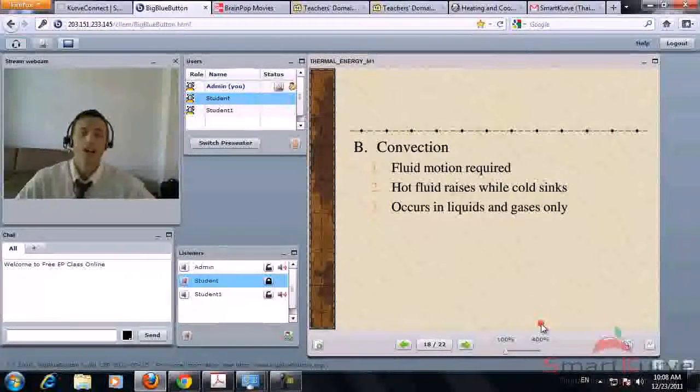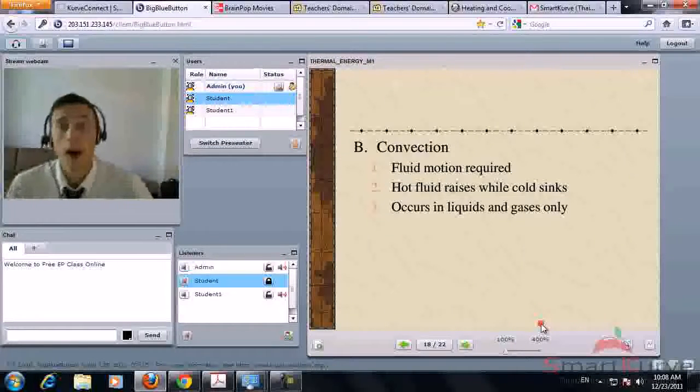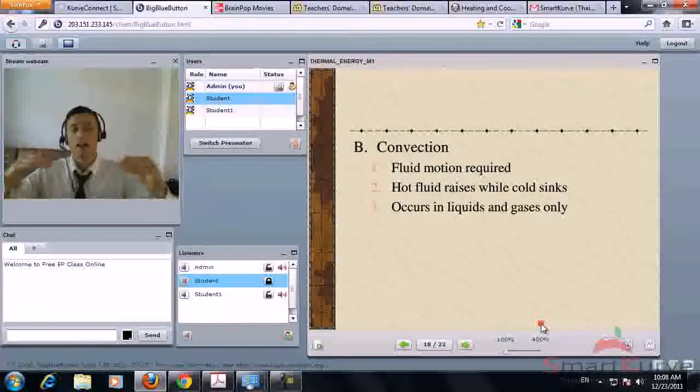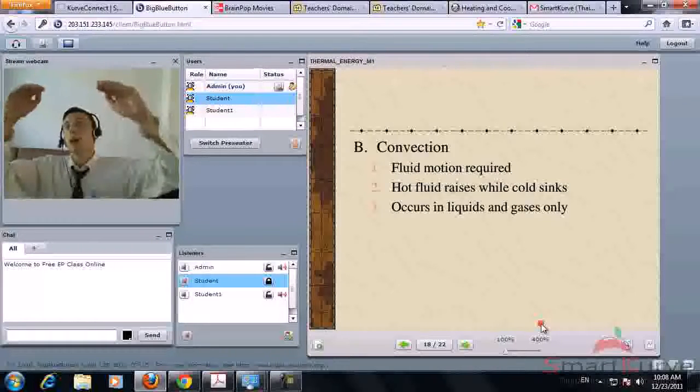All right, convection. Fluid motion is required. Remember, fluid motion, the movement of particles, just like those water molecules moving around in the pot. At the bottom, they become hot. They have more kinetic energy. They move faster. They're farther apart. They're lighter. They rise to the top. They cool down.